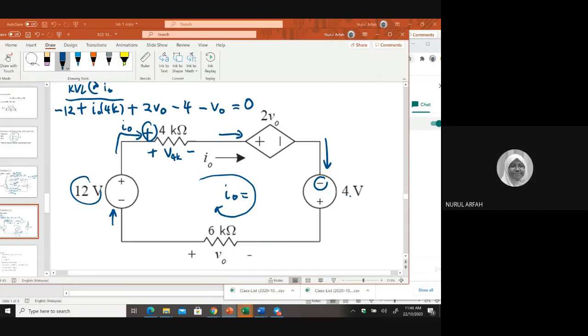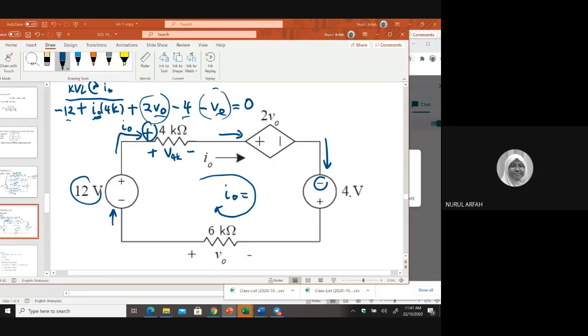Okay. But can you solve this? Not yet, because you have 2 unknowns. So what should you do? 12 and 4 you can rearrange, and this one you can add, and then find I naught and V naught.